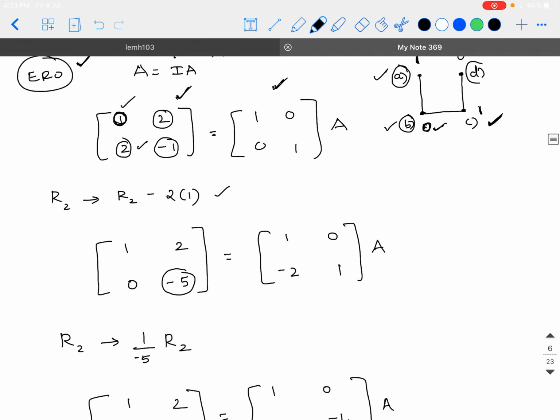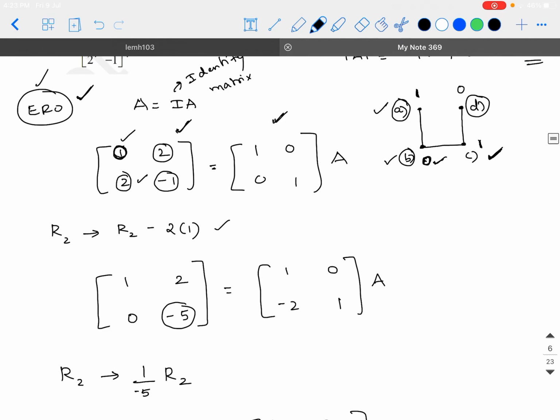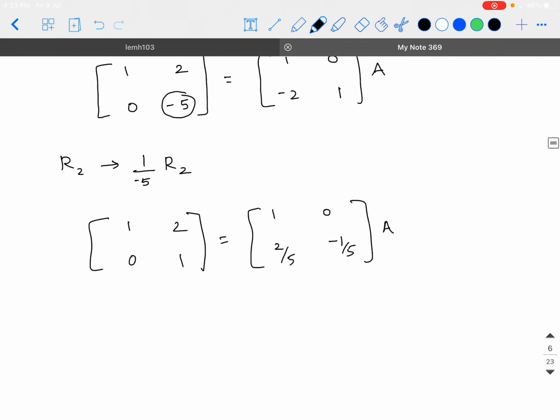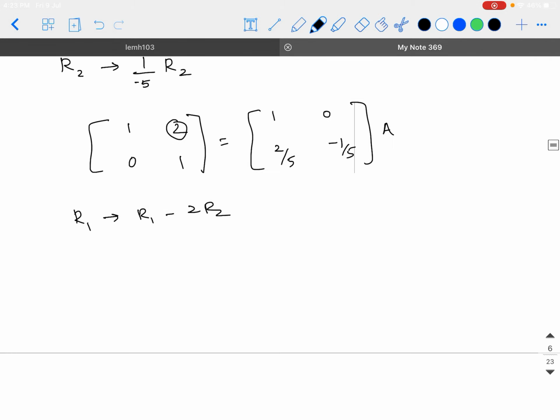The last thing we are supposed to do is with respect to D. D should be made 0. For that, we have a 2 here, so you can do R1 becomes R1 minus 2 times R2. So what is the answer going to be? 1 minus 0 is 1 only. 2 minus 2 gives you 0, and the next row is undisturbed.